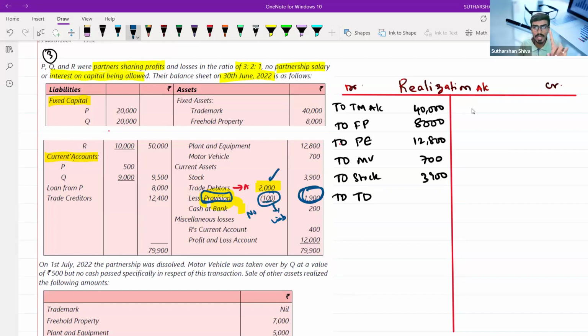There is only one liability item showing on the asset side, the provision for doubtful debts. So you will put trade debtors as 2,000. Next, we have the provision. Here I will write by provision. How much is the provision? 100 is the provision.